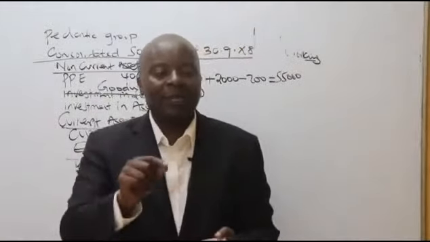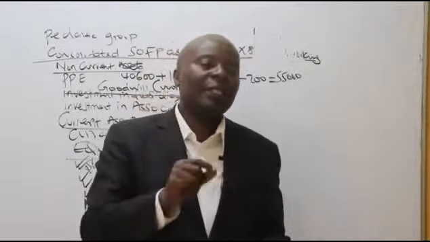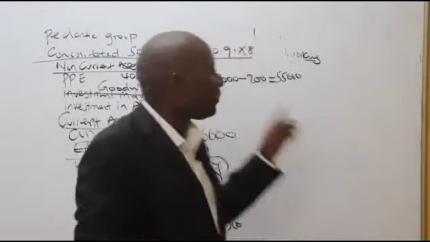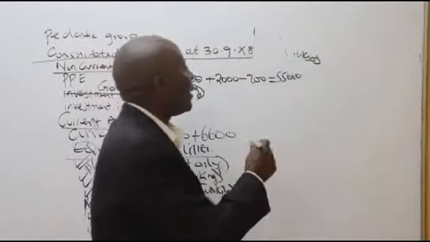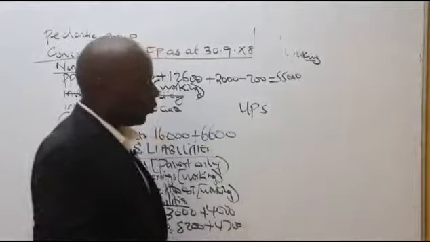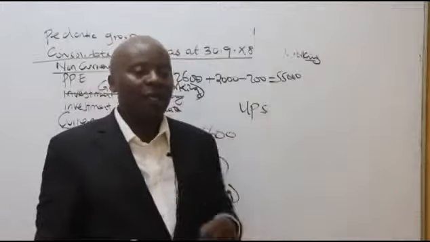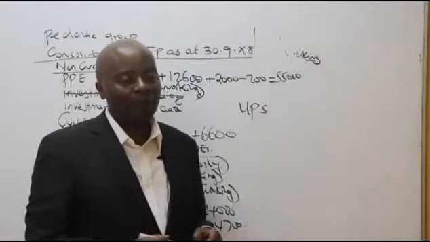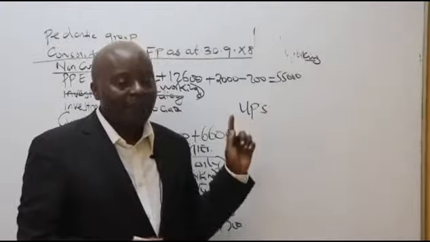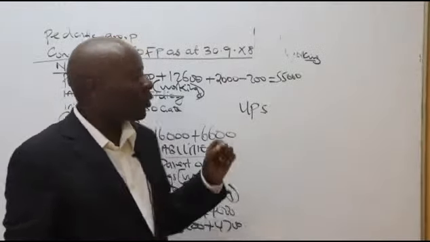I'll be explaining that better when I go to cost of sales. In the balance sheet, there is something that I'm interested in. In the statement of financial position, I'll be interested in what we call the famous UPS. So please write in full. UPS is unrealized profit on stock.